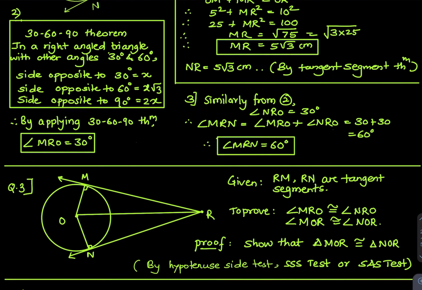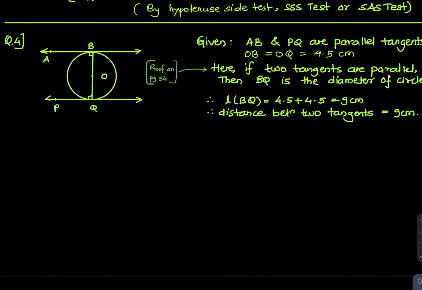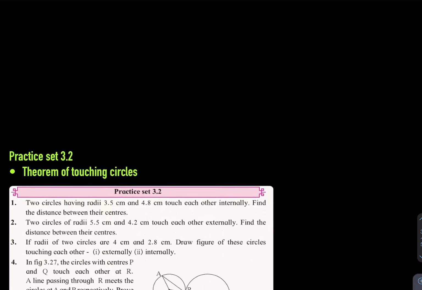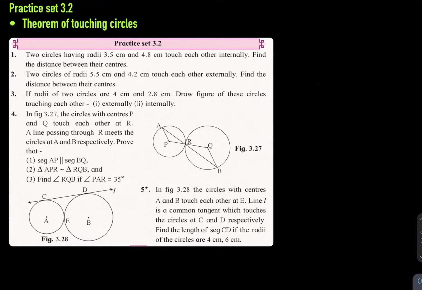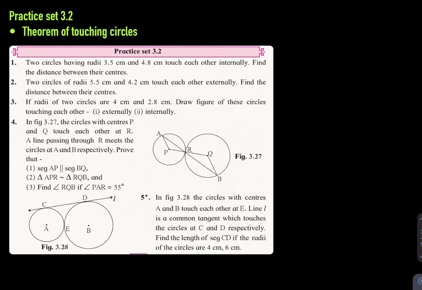So now we will go to the solution of practice set 3.2, which is on theorem of touching circles. So first problems are easy. First, second and third problem we will see the solutions very quickly. So for first, two circles having radii 3.5 cm and 4.8 cm touch each other internally.